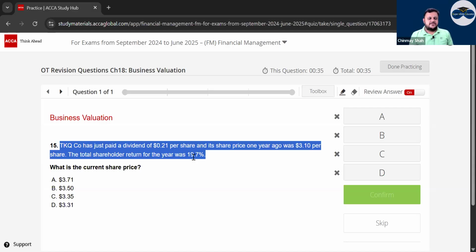Arati, give me the answer quickly. Shreya, what is the answer?